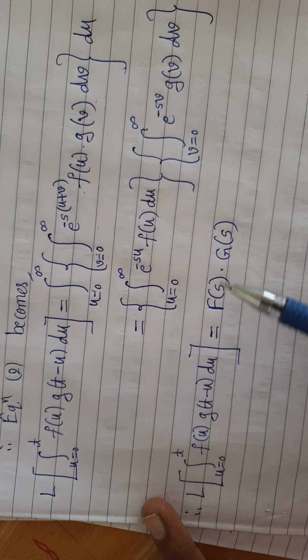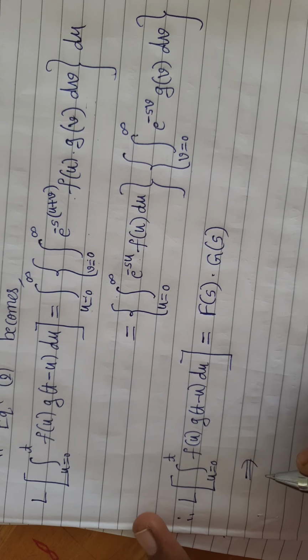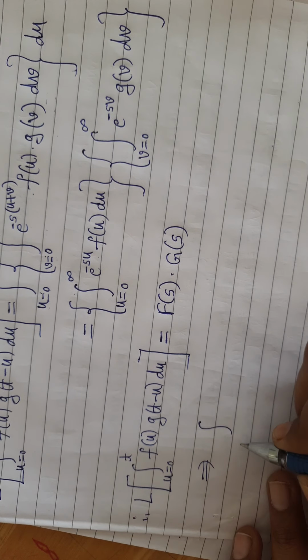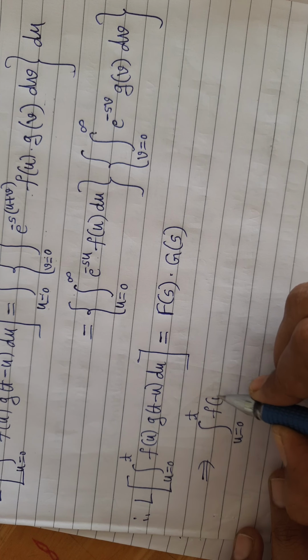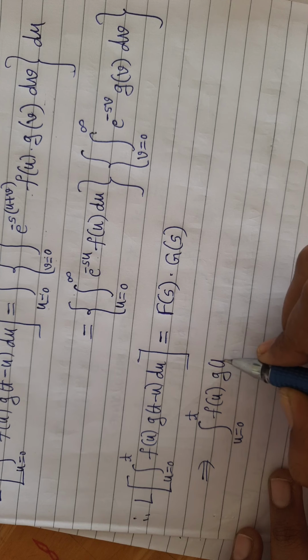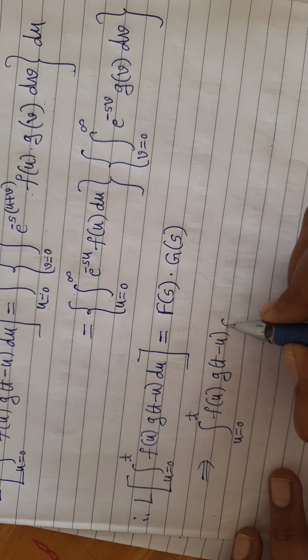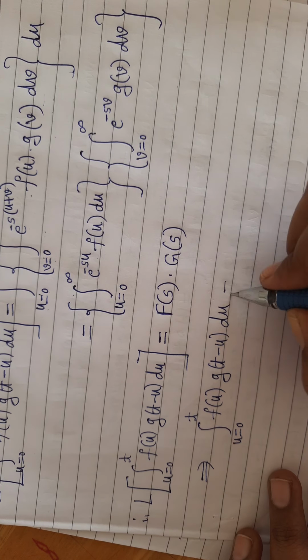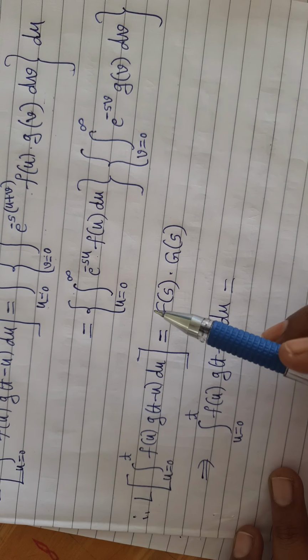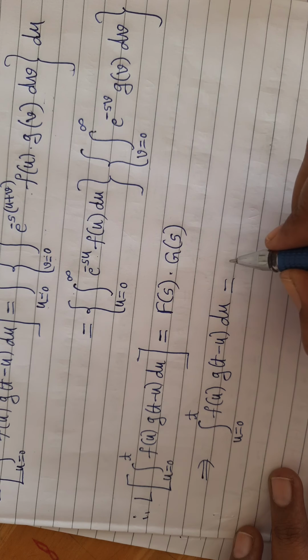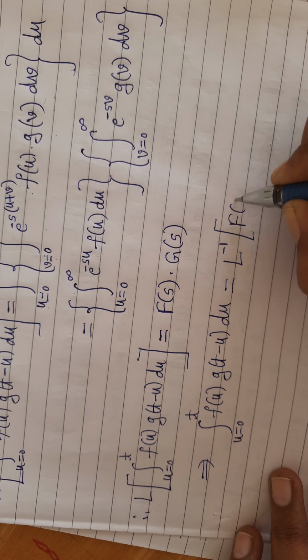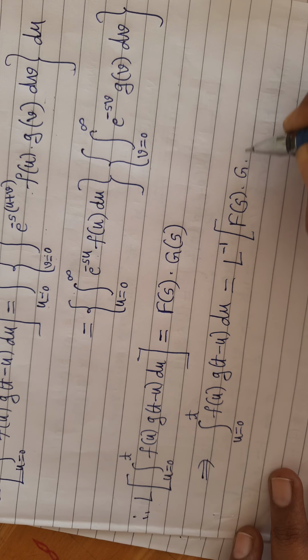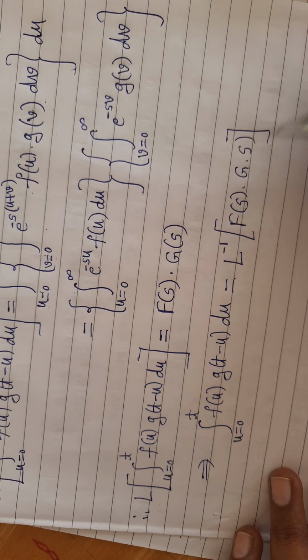Now shift this L to the other side. This implies we get integration from u equals 0 to t, f of u into g of t minus u into du, equals, since we are shifting L to the other side it becomes inverse, L inverse of f of s into g of s.